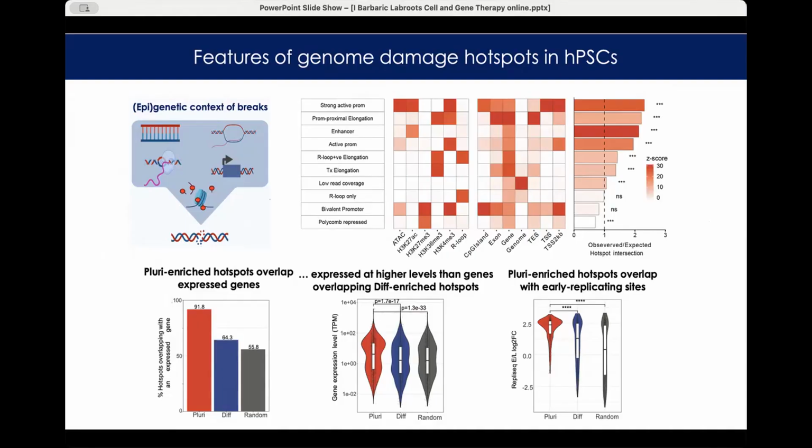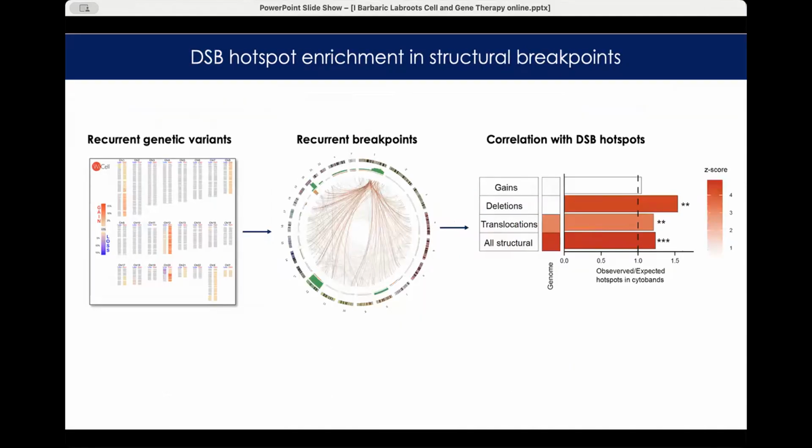But do they actually correspond? Do they correlate with sites where we see recurrent aberrations in these cells? So to look at that, we first of all took a heat map of recurrent genetic variants, and from that heat map and the karyotyping data that we have, we could infer where the recurrent breakpoints of these structural variants occur in the genome.